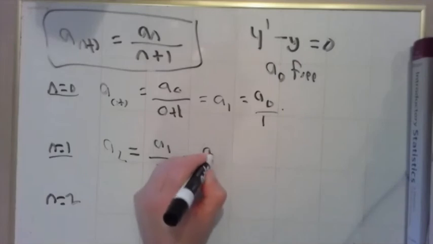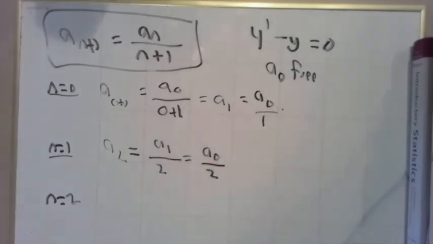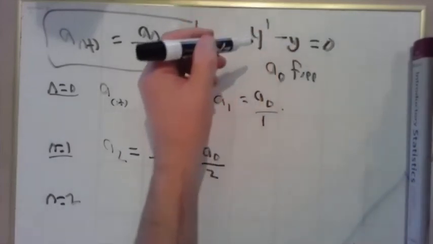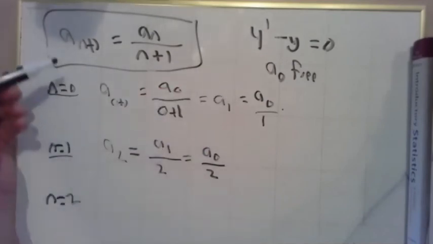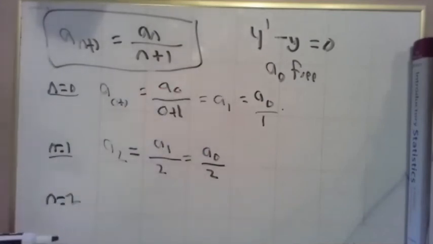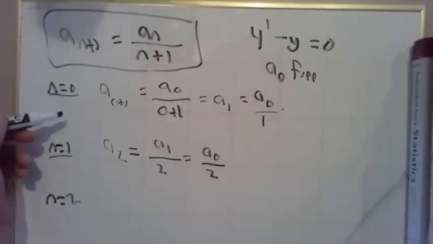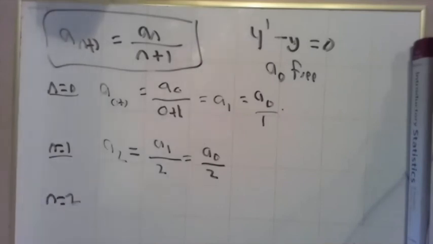So that's A0 over 2. Every single term here is going to be in terms of the free ones. Since I only have one free one, every single coefficient is going to be some multiple of A0. If I had 3 free ones, every coefficient would be a combination of those 3 free ones.